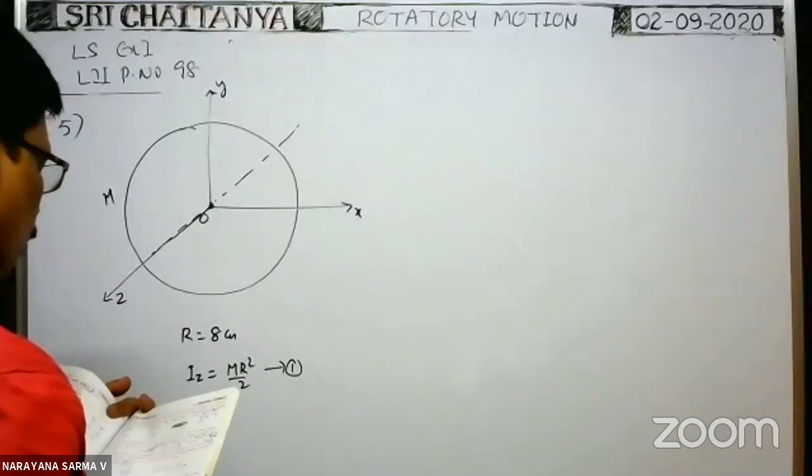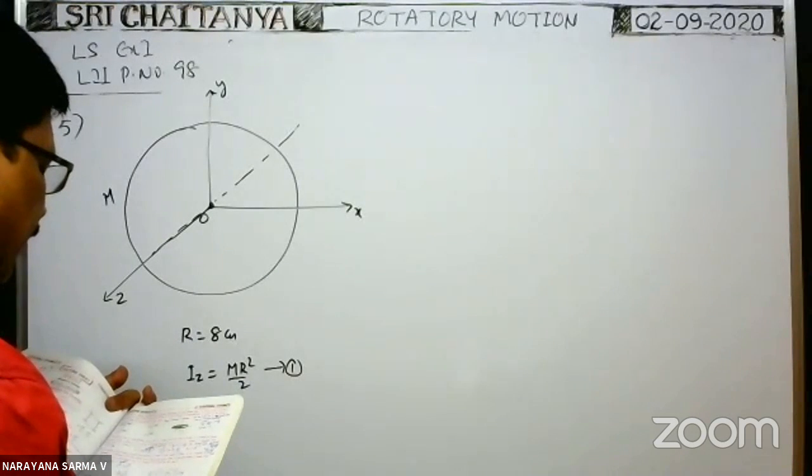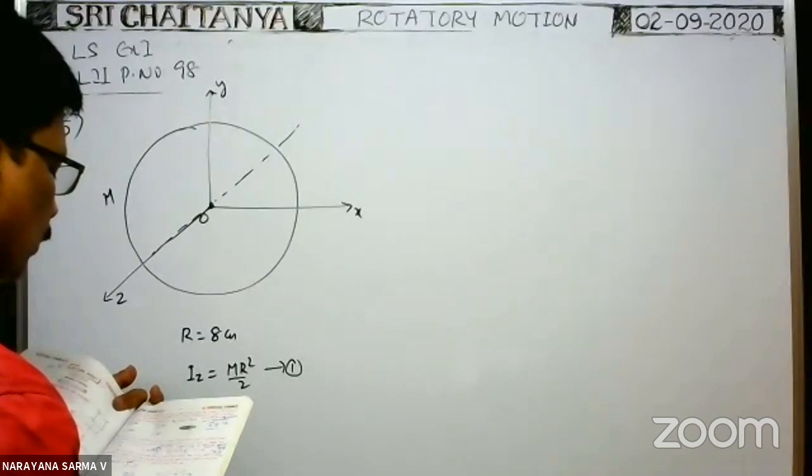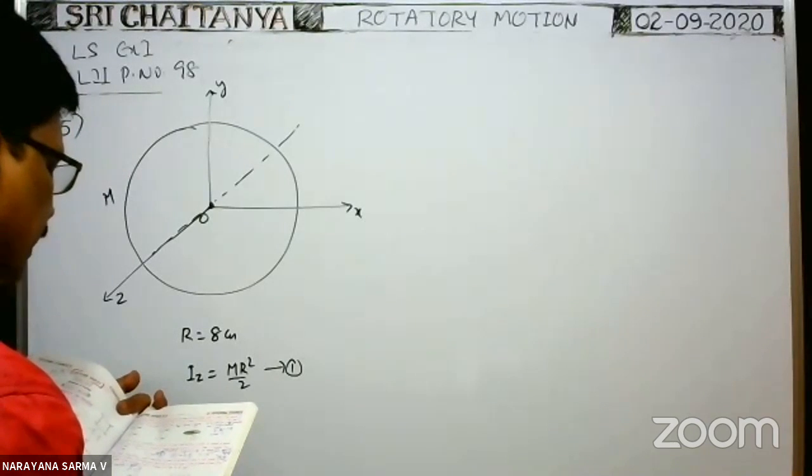That is equal to the moment of inertia about the line 4y is equal to 3x plus 4c.